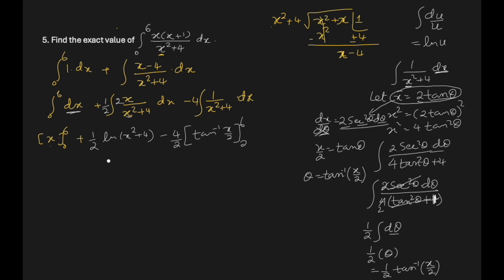So I'll write divided by 2 tan inverse x over 2. 0 to 6. And this is also 0 to 6. And now I will just substitute 6.